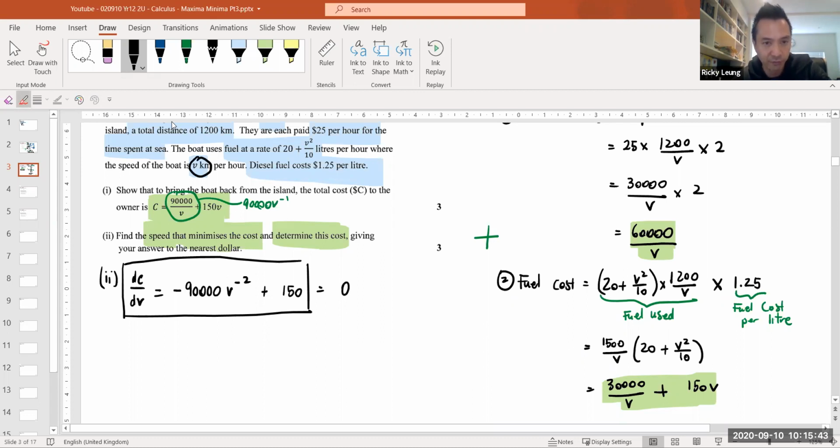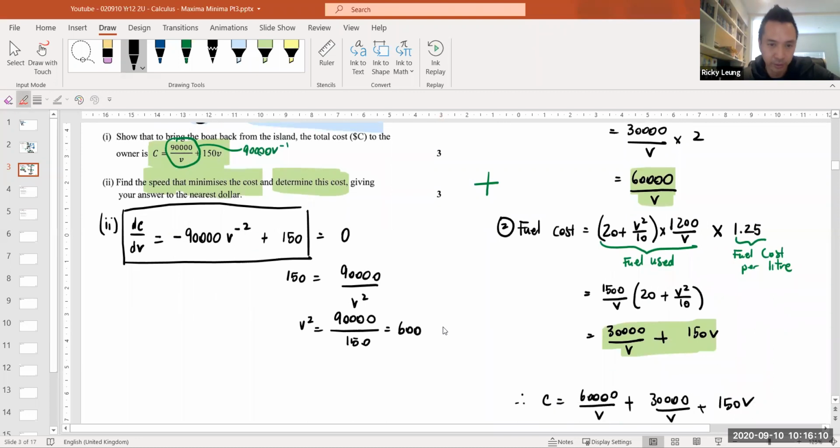So this is on V squared, so let me just throw this over the fence and maybe simplify it at the same time. On V squared, so switcheroo there, 90,000 on 150. So let me just quickly punch that in, 90,000 divided by 150, 600. So square root that.